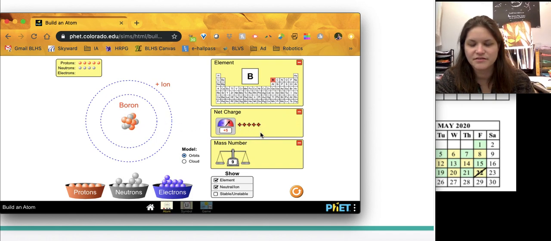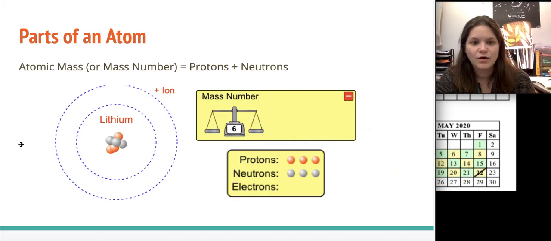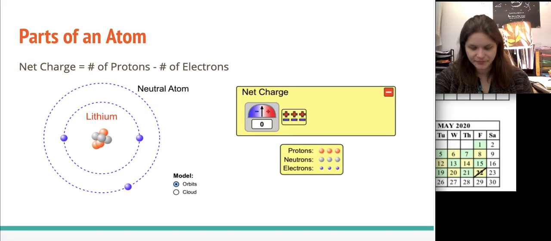Okay, and it also is not affecting the charge at all. We have 5 protons, so we have a plus 5 charge. Neutrons are neutral. They don't affect that charge at all. What does affect the charge is the number of protons and electrons. So if we've got the same number of protons as we do electrons, then we're going to have a net charge of 0.